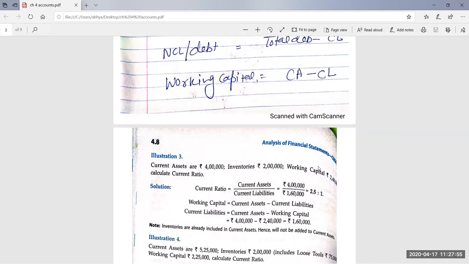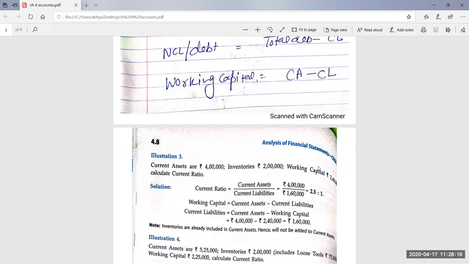Yesterday I told you that while calculating current assets, loose tools will not be considered. It means if they are added, we have to subtract them. Working capital is given 2,25,000. Calculate the current ratio.